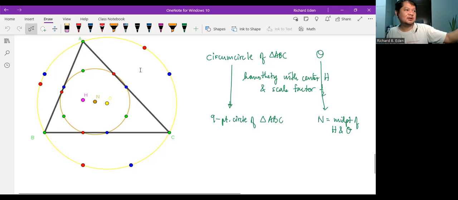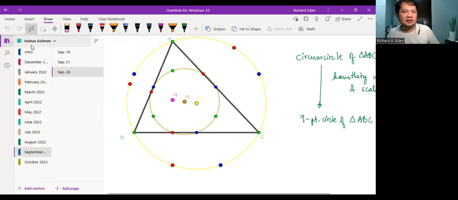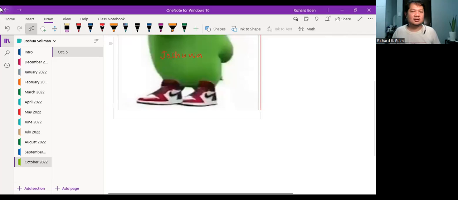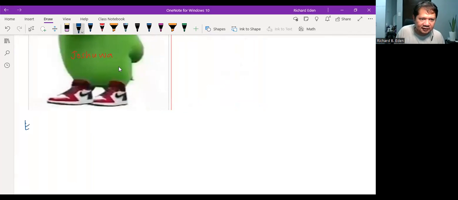So here is an example, now that we're in October. You'll notice that these are exercises where we're not necessarily solving for any specific value. The point is to come up with an argument.